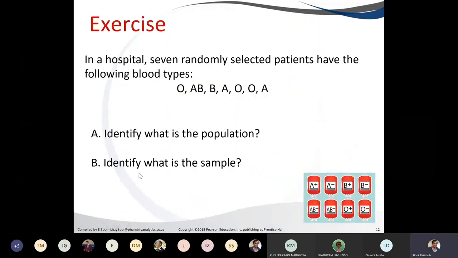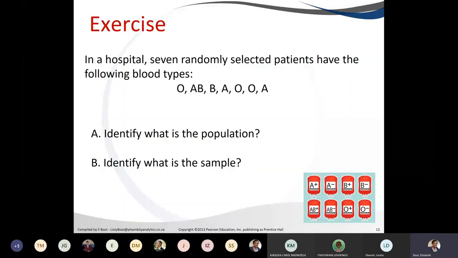Okay, and that is your exercise. Since everything was clear, there is your exercise. I'm going to give you only 2 minutes or 1 minute to think about it, and then we're going to have a discussion about it. So, in a hospital, 7 randomly selected patients have the following blood types: O, A, B, B, A, O, O, and A. So those are the blood types.